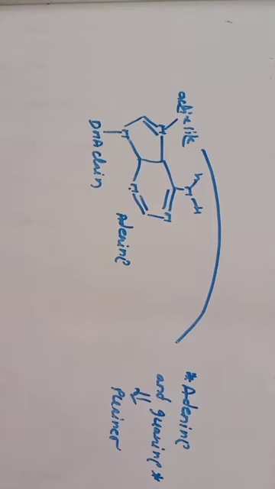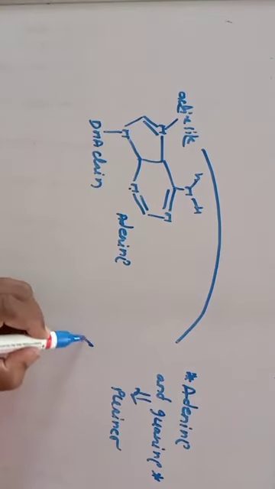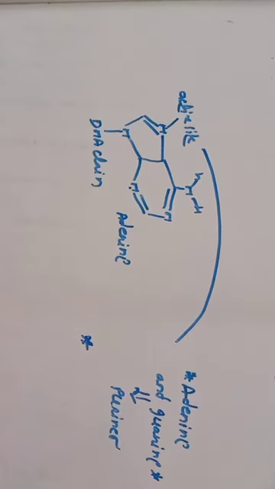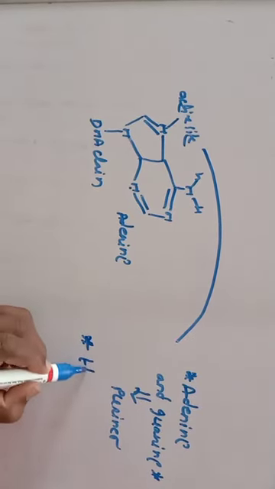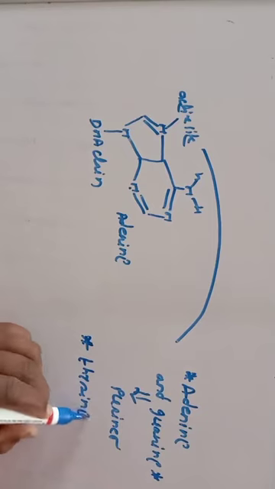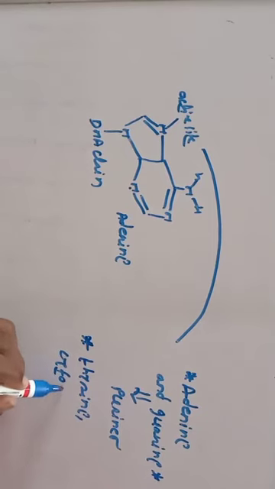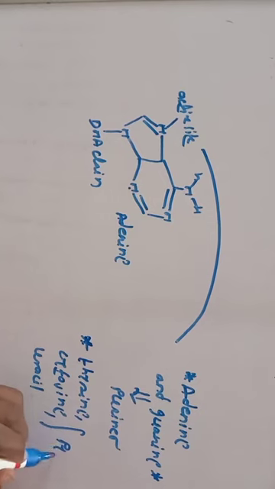And the pyrimidines are thymine, cytosine, and uracil. These three are your pyrimidines.